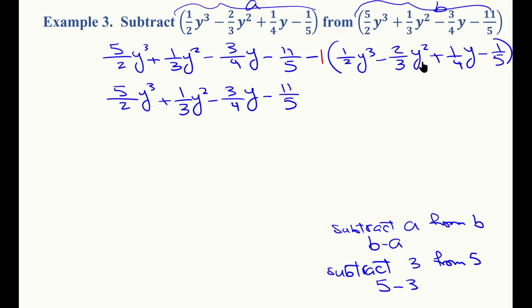It's going to change all the signs, right? So we get -1/2 y cubed plus 2/3 y squared minus 1/4 y, and then plus 1/5.